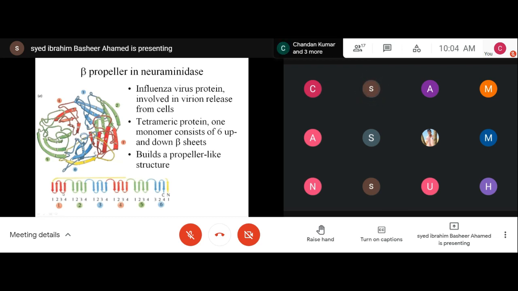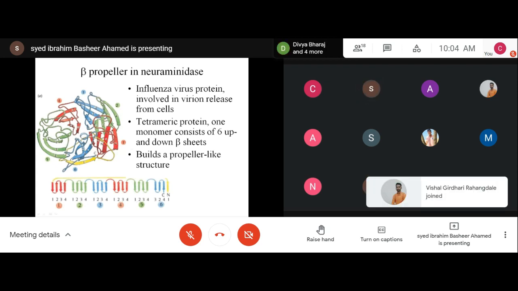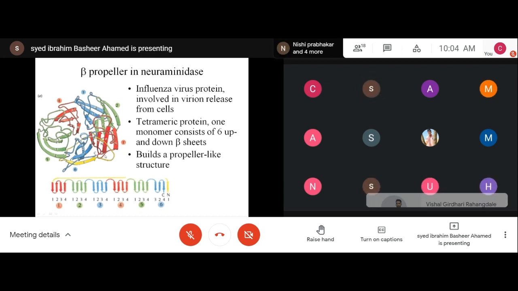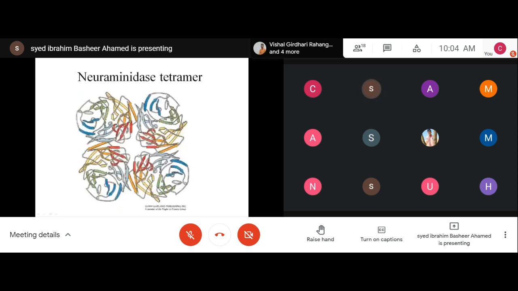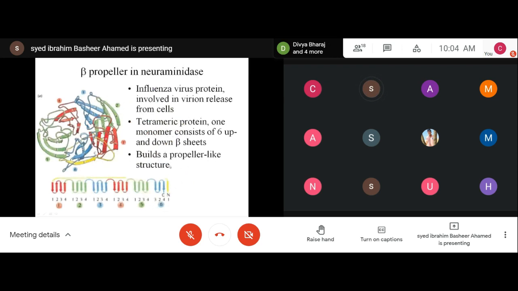This neuraminidase is a tetramer, so you will see 4 domains like this, which makes a propeller kind of structure. Here you can see the complete structure of neuraminidase, which makes a tetramer and is called a propeller kind of structure.